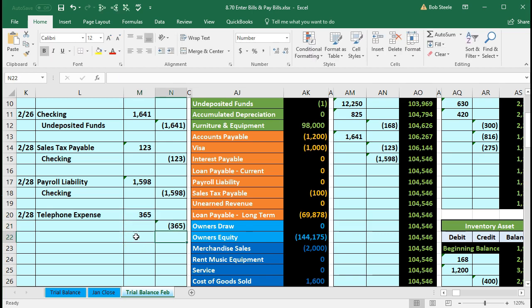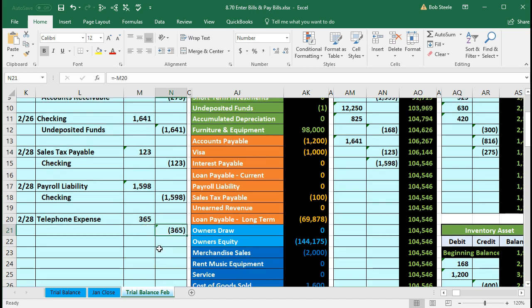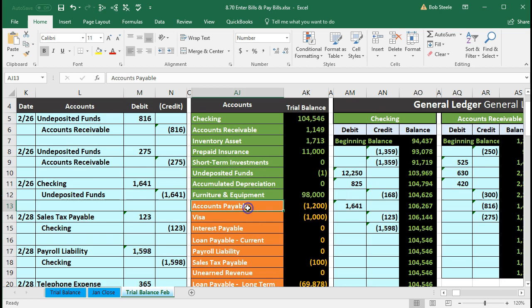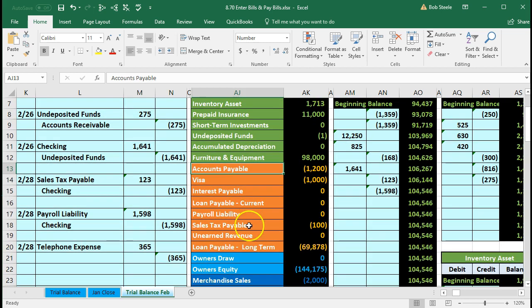If we paid cash, it would be cash, but we have not yet paid cash yet. Therefore, instead of decreasing the asset of cash, we will be increasing the bad thing, the liability. So this is the accounts payable. We already know that we're going to credit it because we debited the telephone expense. If we double check it though, we know that it has a credit balance.